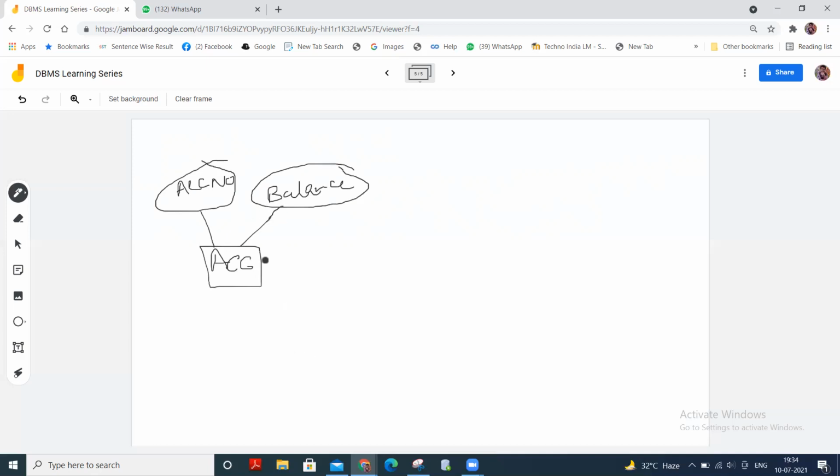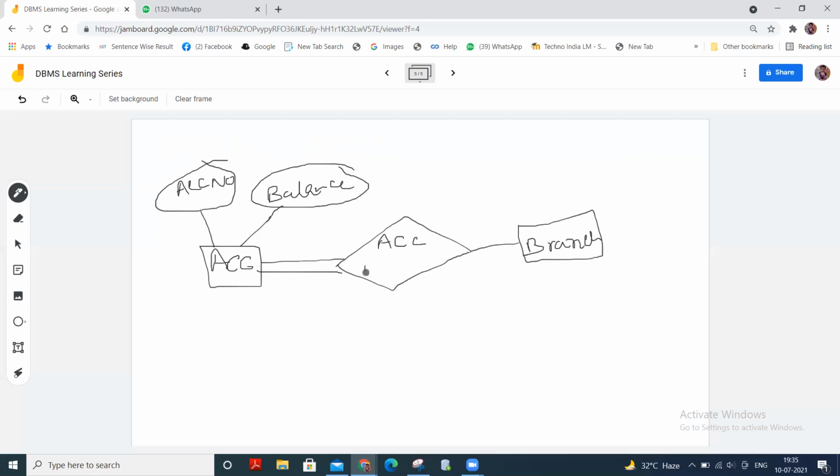Okay, and partially dependent. Suppose it is another entity, that is branch, and the relation is account branch.